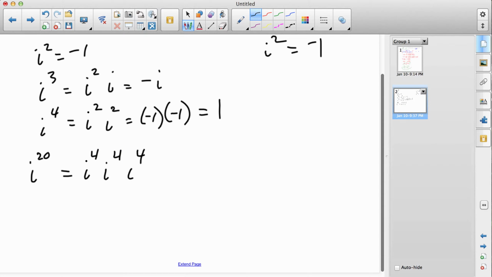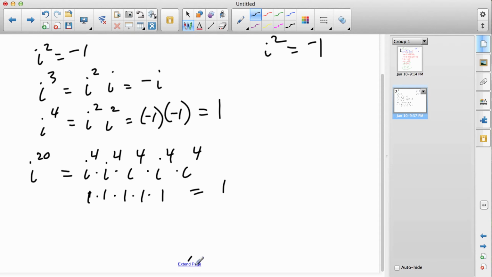No. That's 16. There's 20. So there is i to the 20th, just written out as a combination of factors of i to the 4th. But each one of those i to the 4th is actually just 1. So this would be a 1, 1. So I'm multiplying. So the whole thing just comes out to a +1.